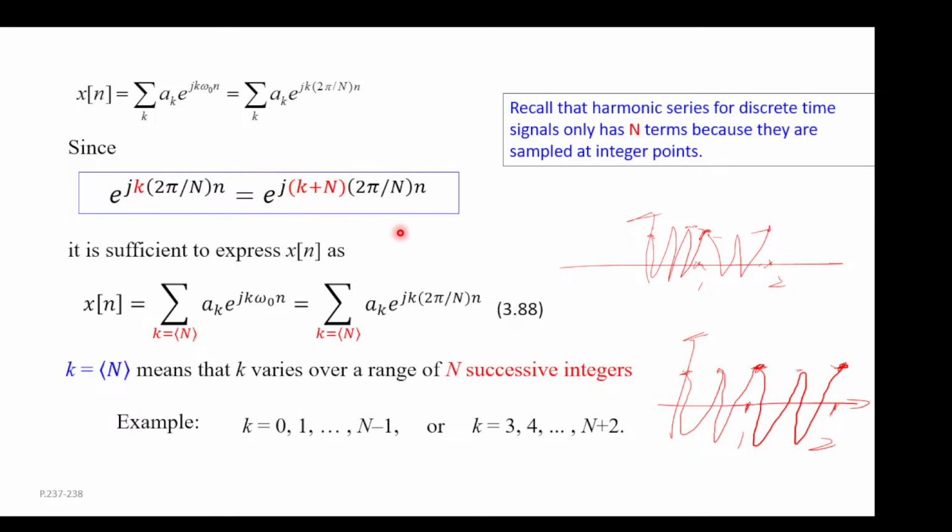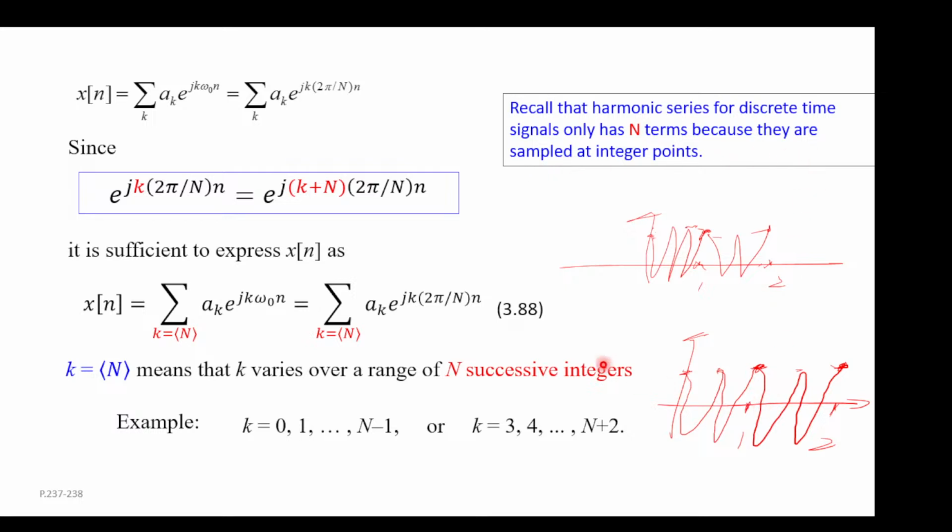Because you get an extra N here, and that only gives you e to the j N 2 pi divided by N times small n factor, that's equal to e to the j 2 pi n, and that's just 1. So that means if you increase your k by a big N, then nothing really happens. And really, for the harmonic series of a discrete signal, you only care about big N consecutive terms.